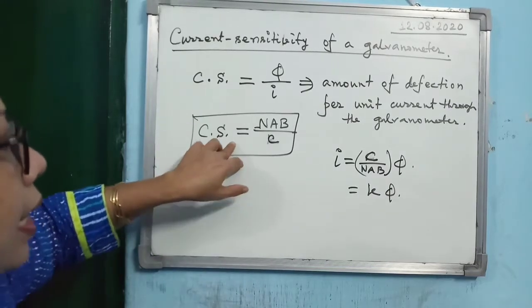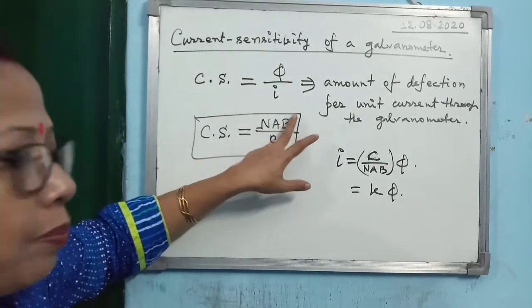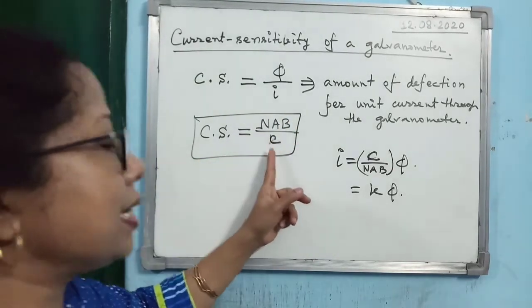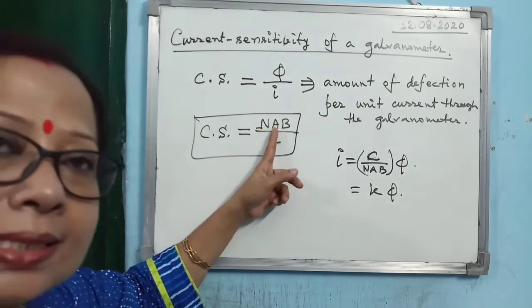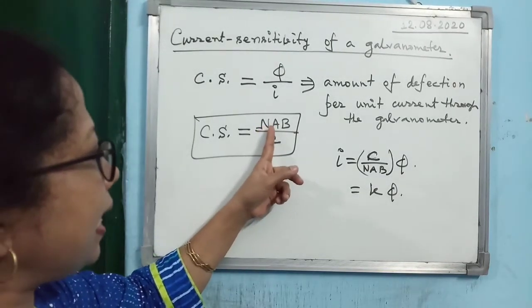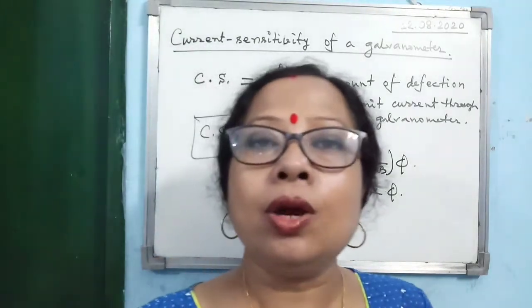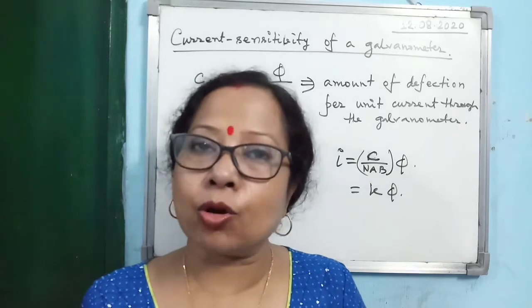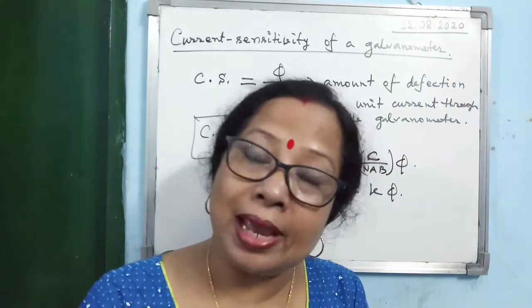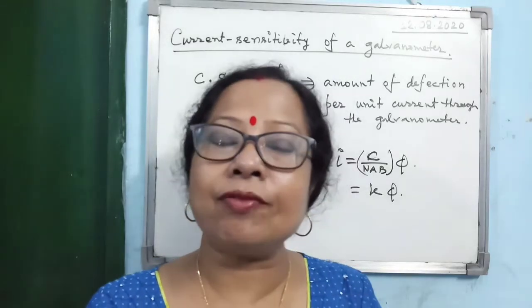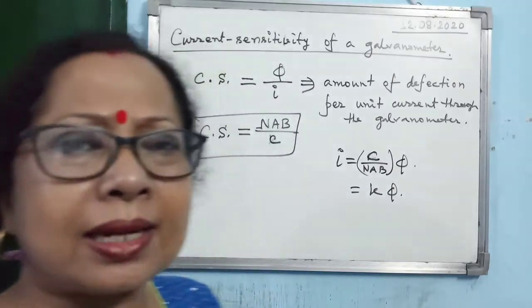You can increase it either by increasing N, A or B, or by decreasing C. Now you can increase N and A, the number of turns and the area of the coil, but then the instrument will become heavy. When it becomes heavy, then when it deflects, you have to consider gravity. So in that case the other factors come in.